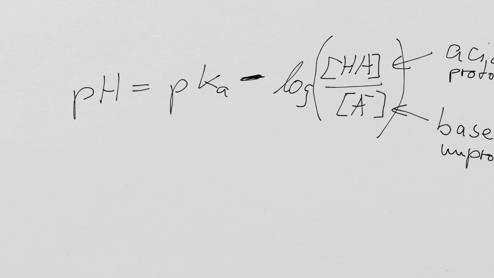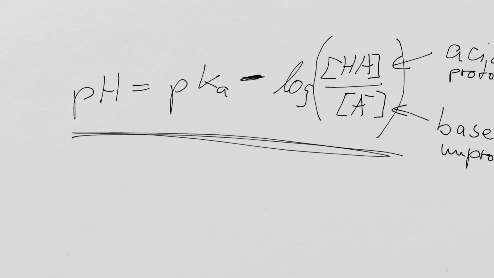And because this equation is so important, so freaking important, it has its own name. What was that? Did anyone say? Did I hear a name? No? It is the Henderson-Hasselbalch equation. Absolutely right.